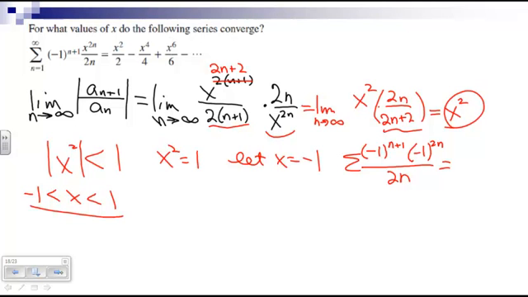So evaluating this, we end up getting the series -1 to the n plus 1 over 2n. And by inspection, do we know whether that series is convergent or divergent?